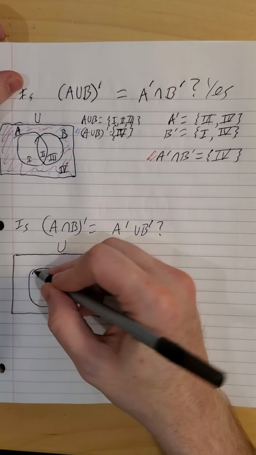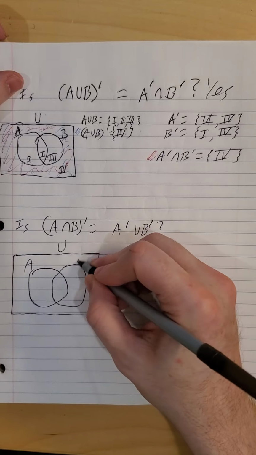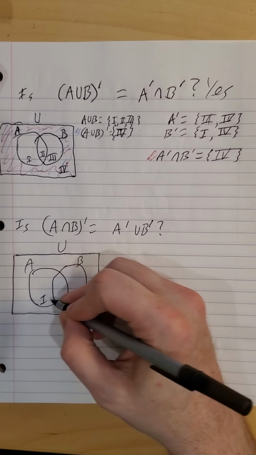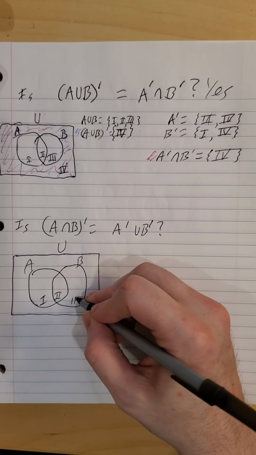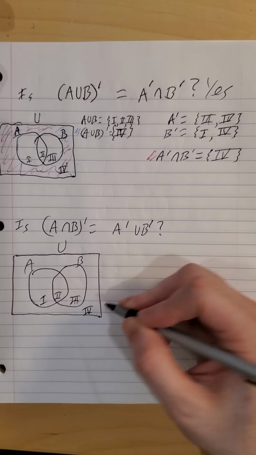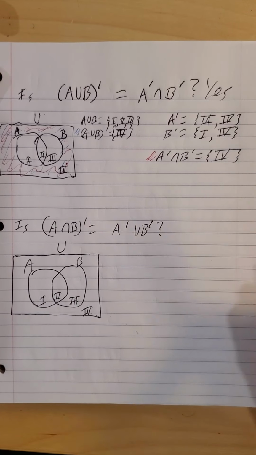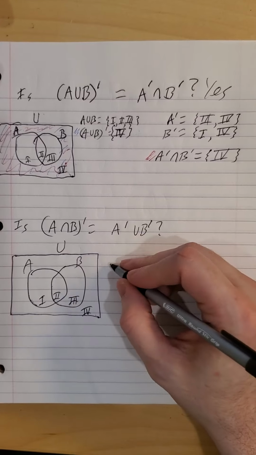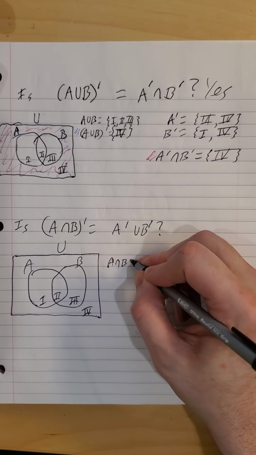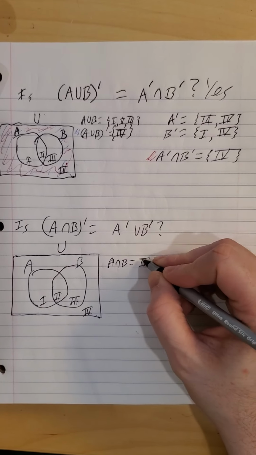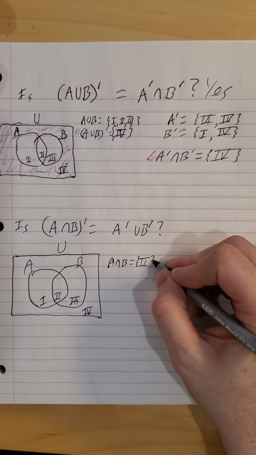Make one more sketch here, region A, region B, and our overlap. Okay, so A intersection B is region 2 only, the overlap.